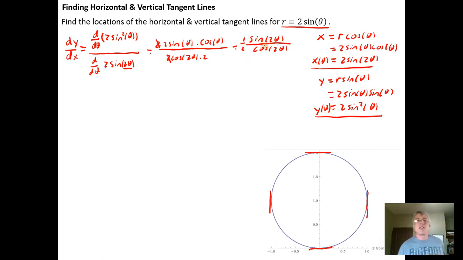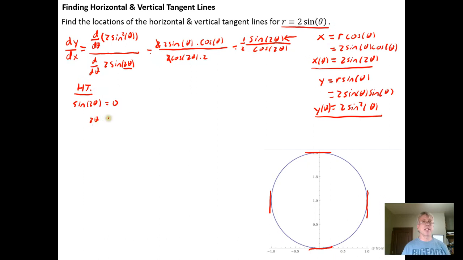So the idea here is that the horizontal tangent lines will occur when the derivative is equal to 0. And the only way for the derivative to be equal to 0 is for the numerator to equal 0. So we want to know when the sine of 2 theta is equal to 0. And then we would take the sine inverse of both sides.